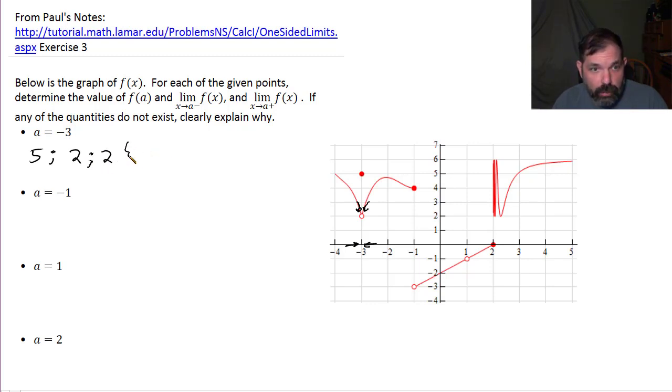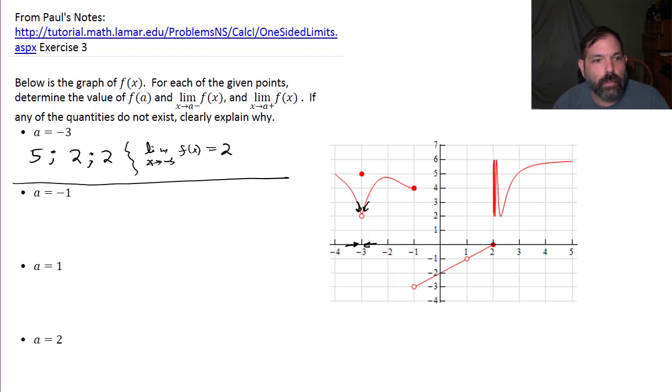In this case, again, we weren't asked for this. We could say that the limit as x approaches negative 3 of the function is 2, since the left limit and the right limit are the same, even though the function isn't defined at that value. All right, if a is negative 1, the output is 4.